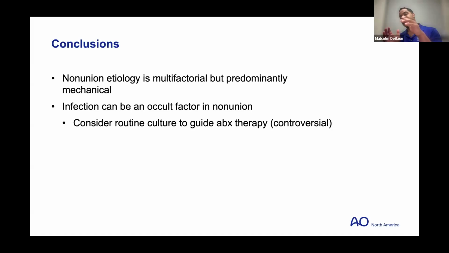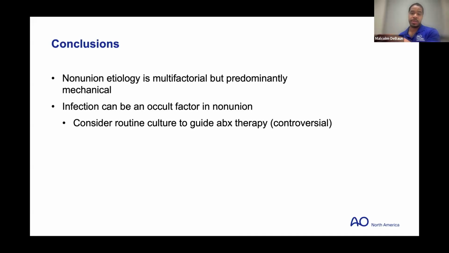And if I think it falls into that camp, I'm a little less enthusiastic about getting routine cultures because I do think that sometimes we overtreat these patients with antibiotics for prolonged periods, which have their own consequences to them.